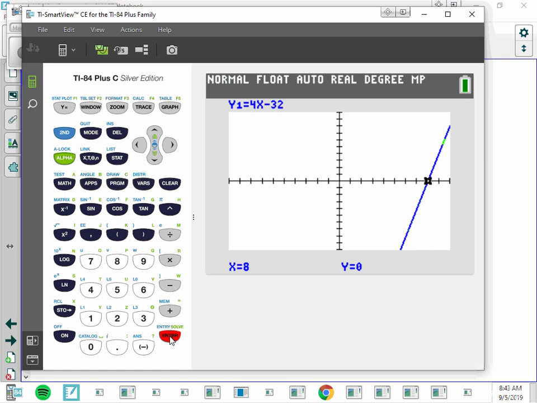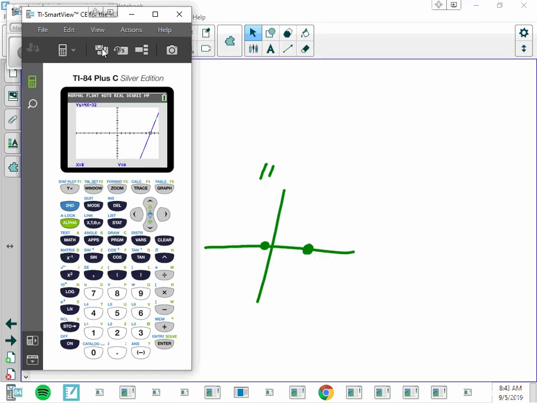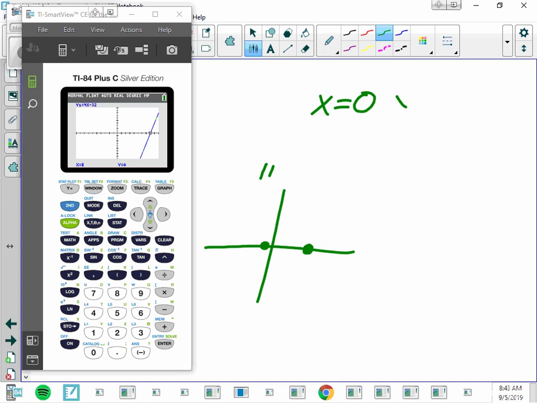Now, sometimes the calculator will freak out and will say this: x equals 0, y equals 1.3287 e negative 15. Sometimes it will do that. What is it saying? It's really close. What is this number?